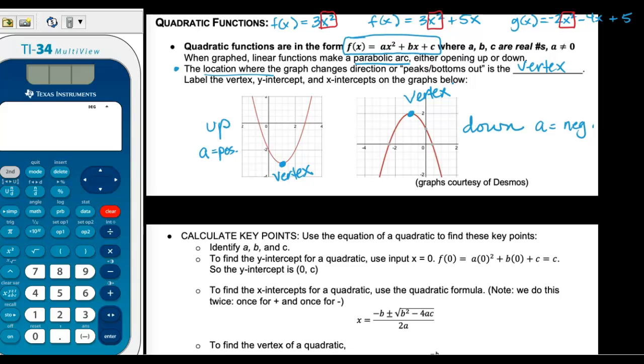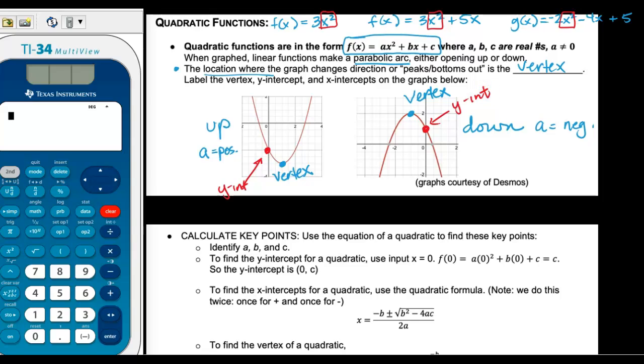And then our y and x intercepts, those concepts really are the same as how we talked about them with linear functions. So the y-intercept is where the graph crosses the y-axis. So right there is our y-intercept for that one, and then right here is our y-intercept for the graph on the right.